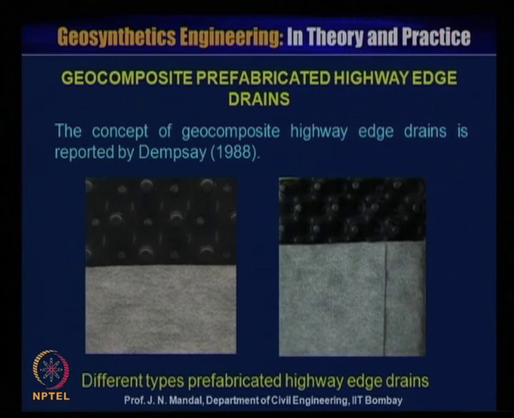So, geocomposite prefabricated highway edge drain. What we do most of the time, as I have explained earlier, is excavate a trench and then place either the woven or non-woven geotextile material, fill it with aggregate and wrap it, and use it as a drainage material for both sides of the road, which can be clogging free.